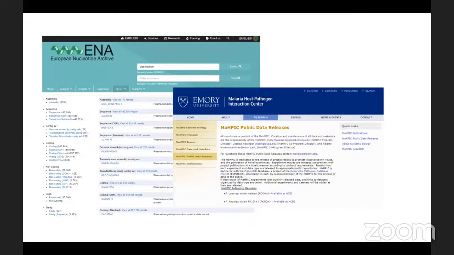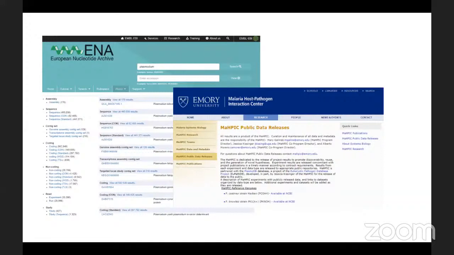So the first image that you can see here is ENA, the European Nucleotide Archive. By searching the term Plasmodium, we find numerous results for omics data for this parasite.